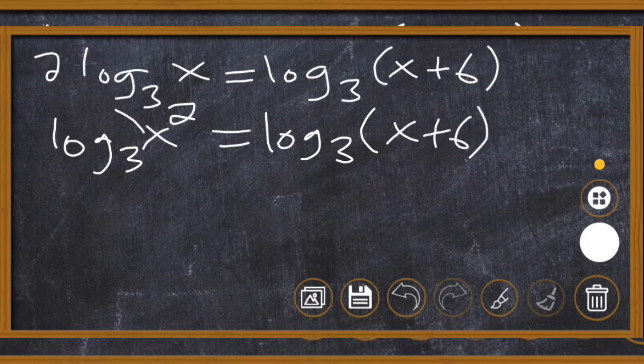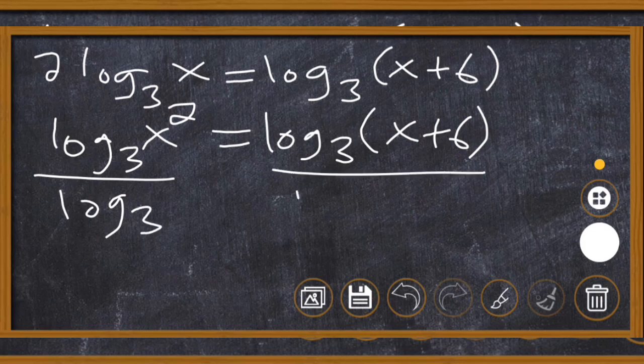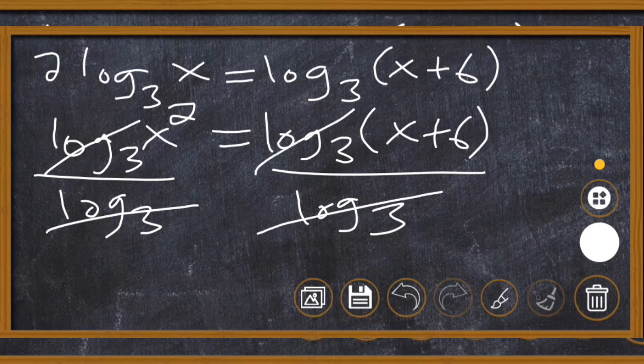Since log 3 is common to both sides, we can simply divide both sides by log 3, so that we can cancel. Then we remain with x squared equals x plus 6.